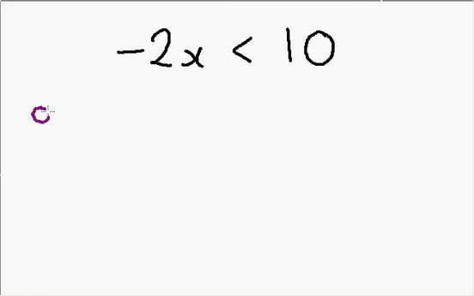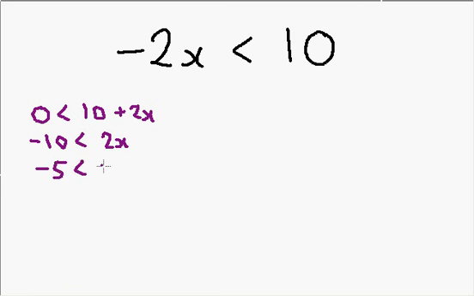So, I'm going to add 2x to both sides, then take 10 from both sides, and then divide through by 2. That is a perfectly adequate way of solving this inequality.